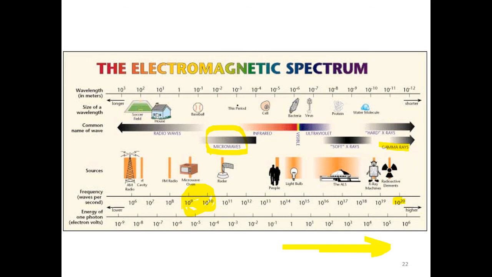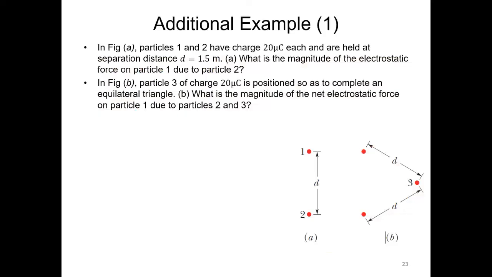We have visible light here, and gamma ray has very high energy. X-ray has a bit lower energy, ultraviolet is here. You may know that the frequency of the photon relates to the energy it has.